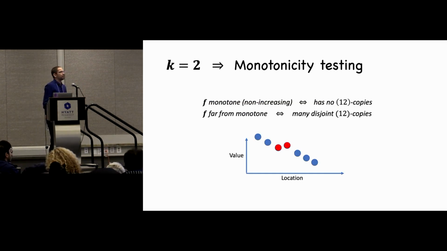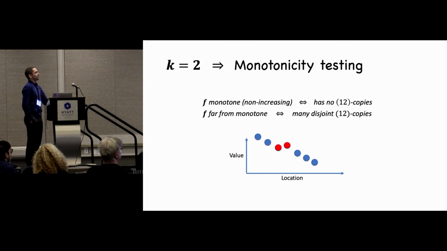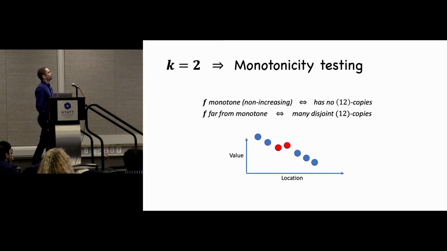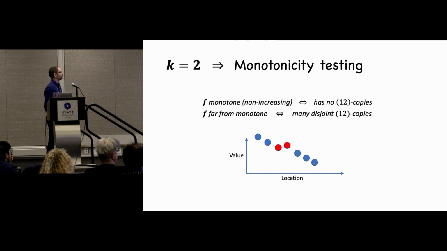Okay, so let's see why this problem is interesting in the first place. The simplest case, where k equals 2, basically corresponds to monotonicity testing. Being monotone, non-increasing, is equivalent to having no 1-2 copies, to having no increasing subsequences of length 2.